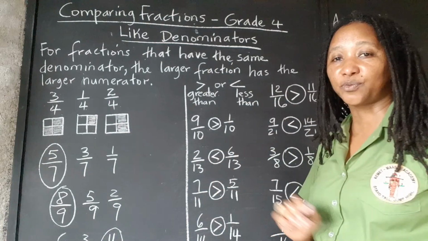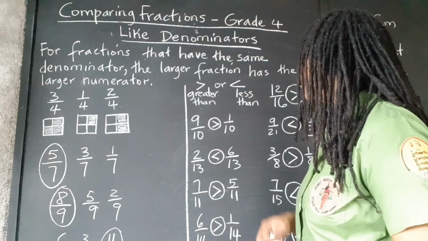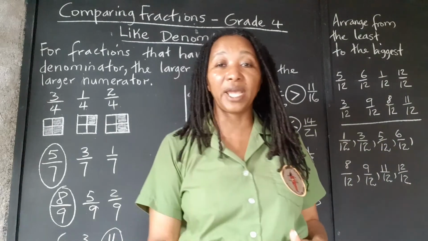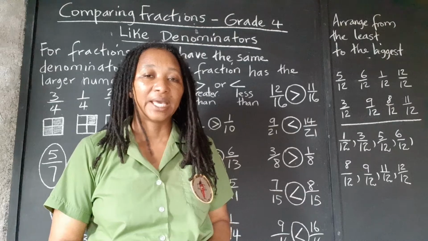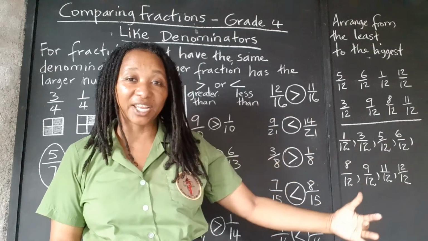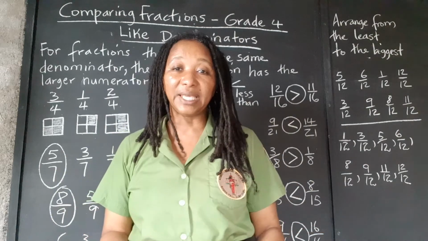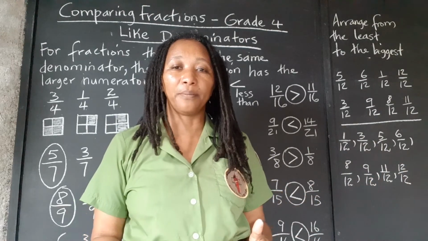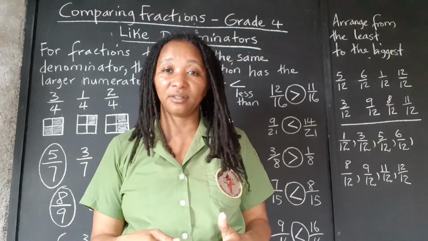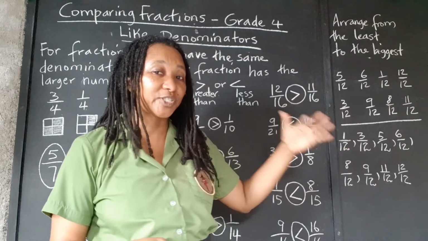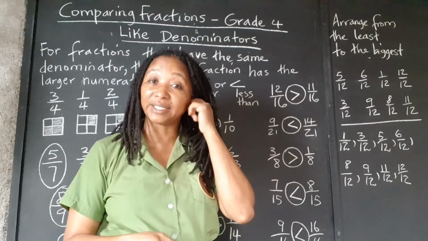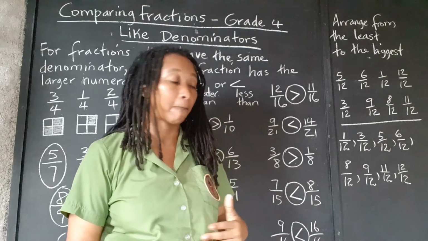Okay, so that's really all there is for comparing fractions. Sometimes you are asked to arrange the fractions in ascending order, which would mean from the least to the biggest, or in descending order, from the biggest to the least. So you just have to look, depending on which order they're asking you to put it in.